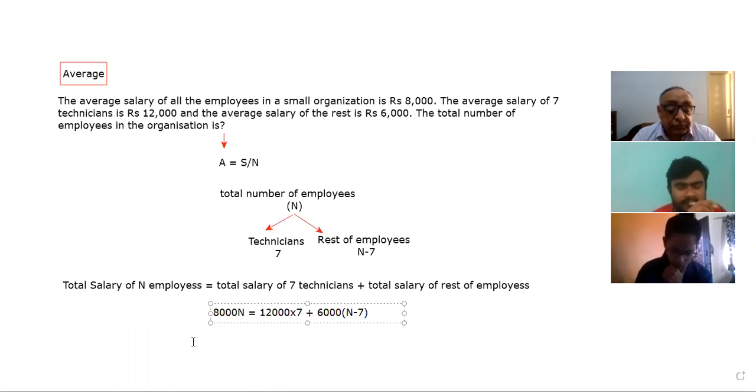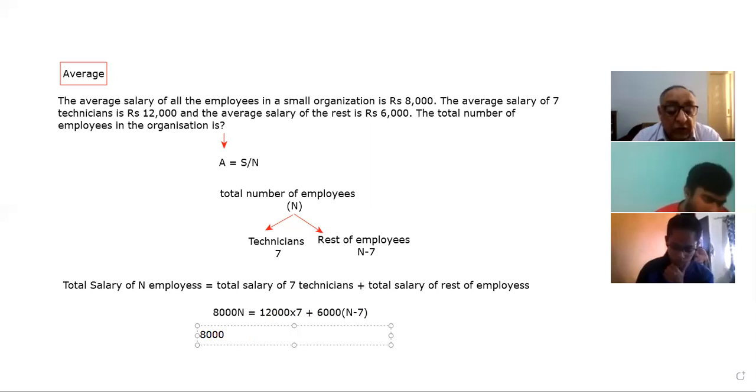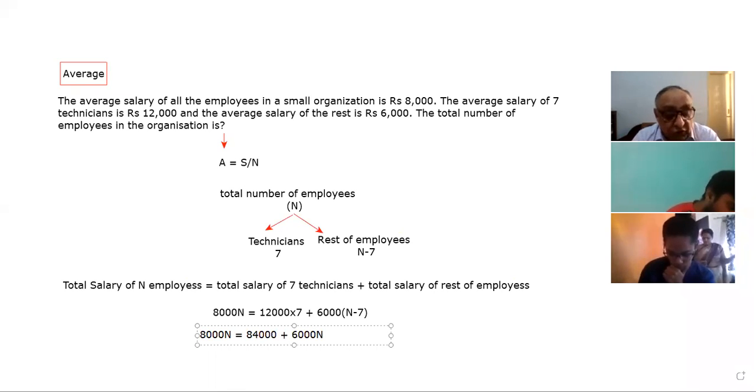So there is 8,000 N is equal to 84,000 plus 6,000 N minus 42,000, right?